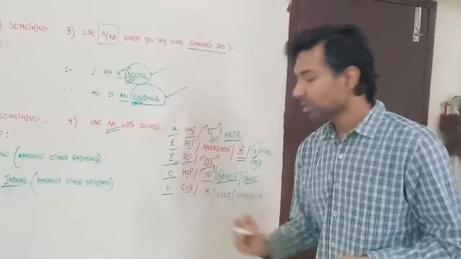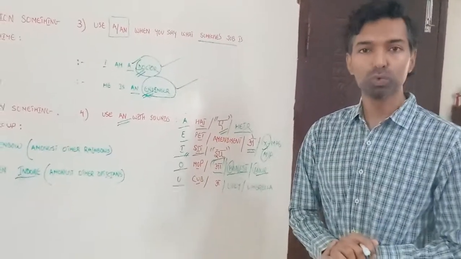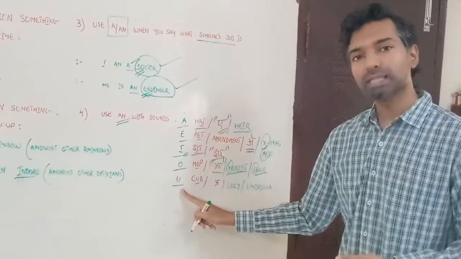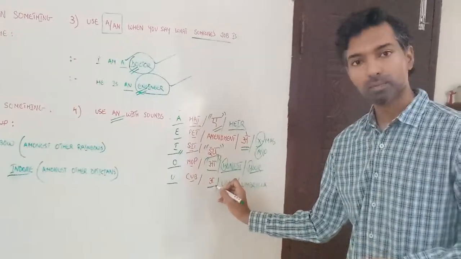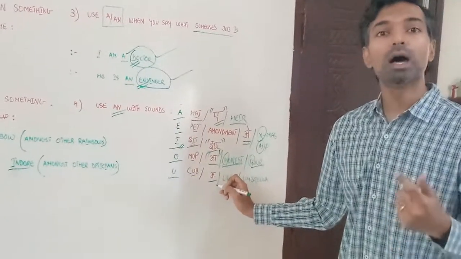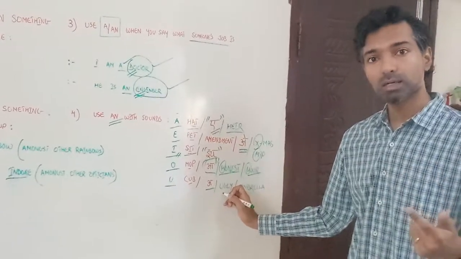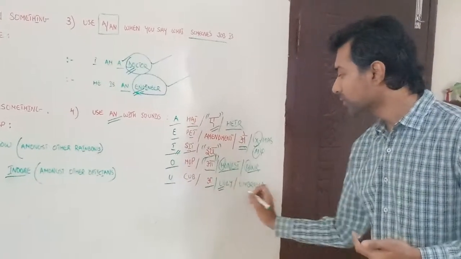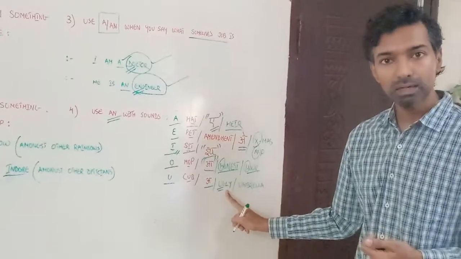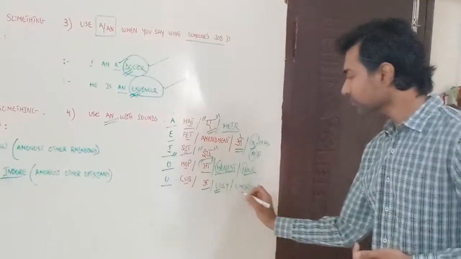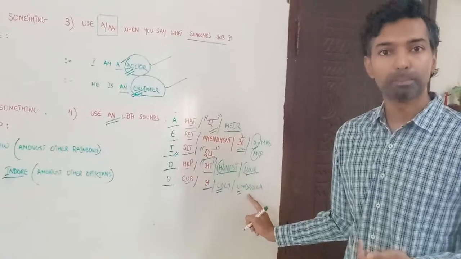Last but not the least, the fifth vowel, which is U. U has to sound a. The sound is a. And when we talk of the usage of words like ugly, umbrella.